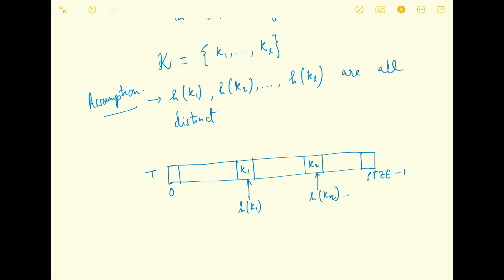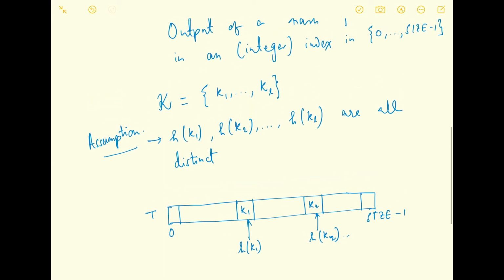So whenever I have to insert an element Ki, I simply apply this hash function h, and if computing the hash value takes order 1 time, then I know the index from the key Ki in order 1 time, and because it is an array, I go to the h of Ki-th index and store the key Ki there.